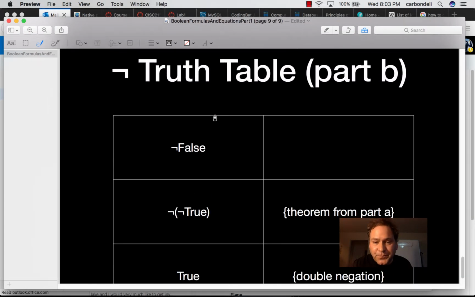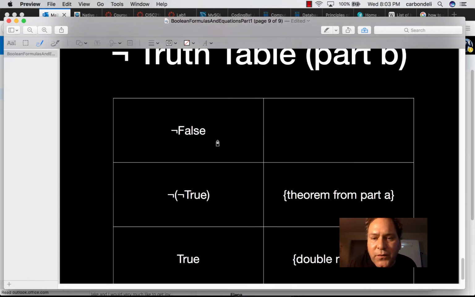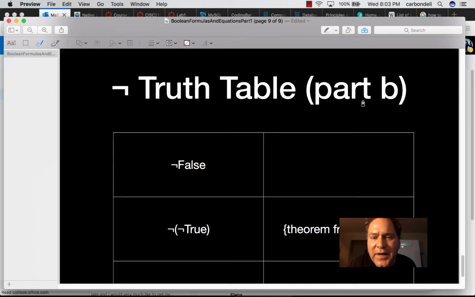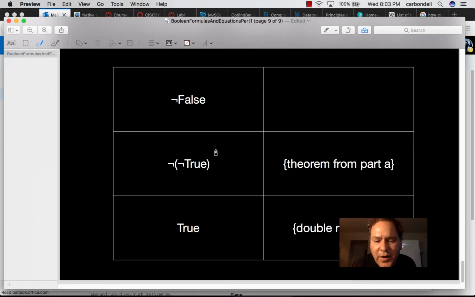And then we also want to demonstrate that not false is equal to true. So you can see here we have part B of our logical not truth table, and we're applying logical not to false, and we want to prove not false is equal to true. And since we did a good deal of work in the first proof, which we looked at in part A, we can use the result from part A as the basis for this proof, which makes things a whole lot easier.